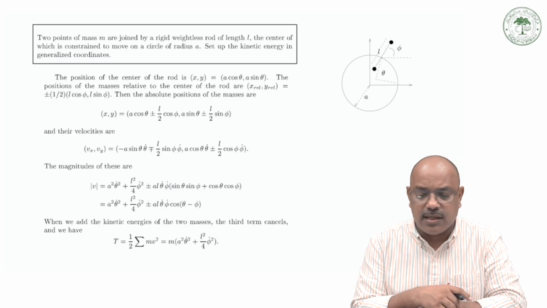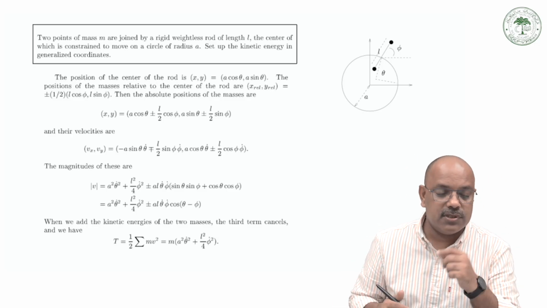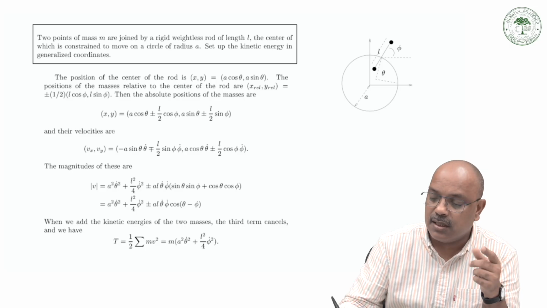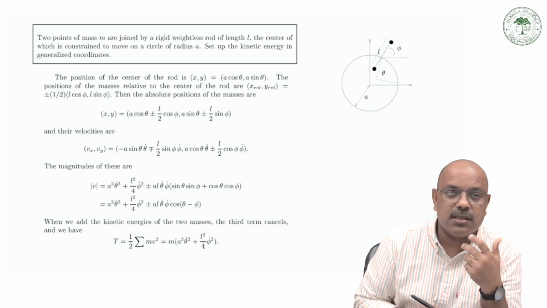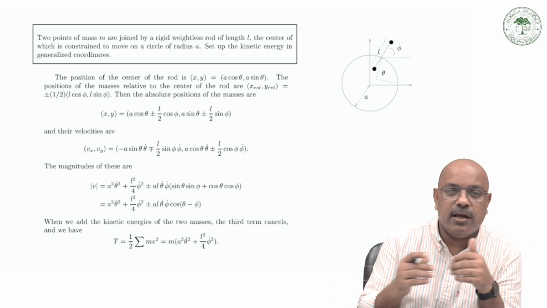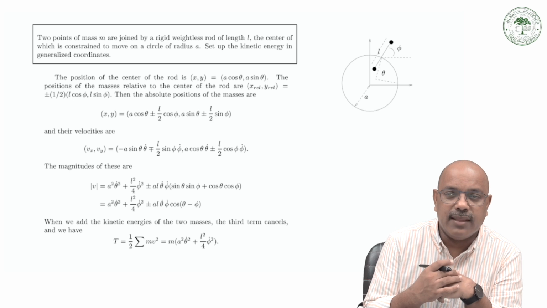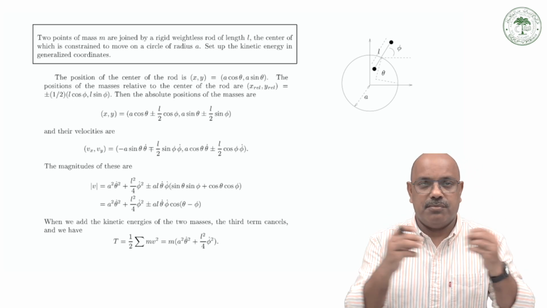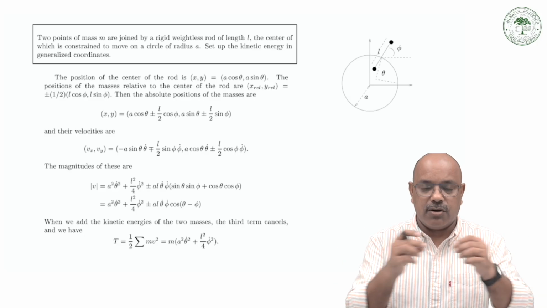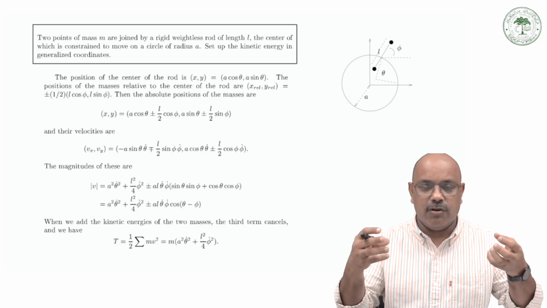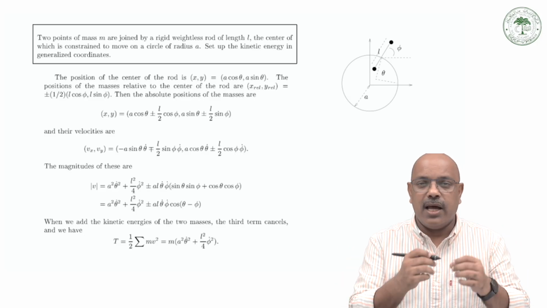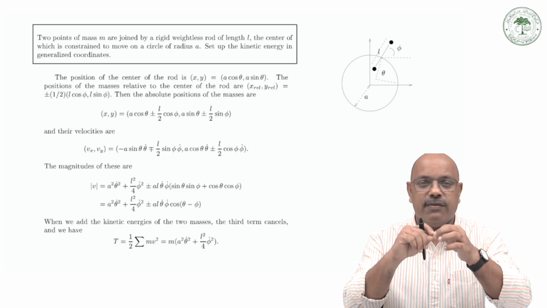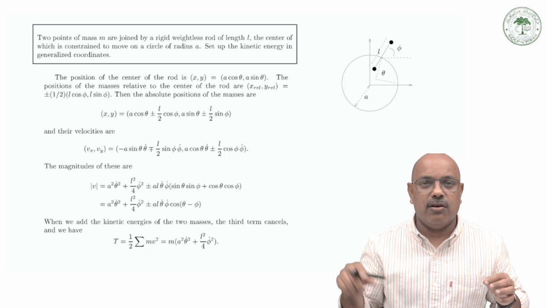Then I'll move to one beautiful example. Say I have two point masses joined by a rigid weightless rod of length L, and the center of that bar, on which the two masses are placed, has to move around a circle of radius a.